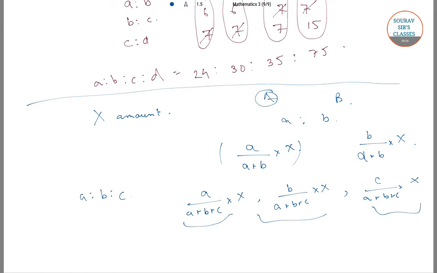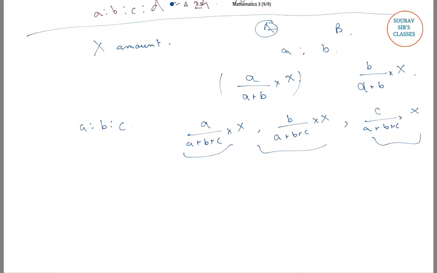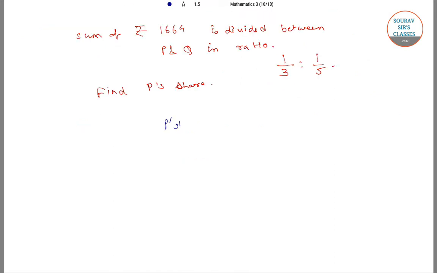Now suppose we have the following question: P's share is to Q's share is given as 1 by 3 is to 1 by 5, and the sum of 1664 is to be divided between P and Q, and we have to find the P share.